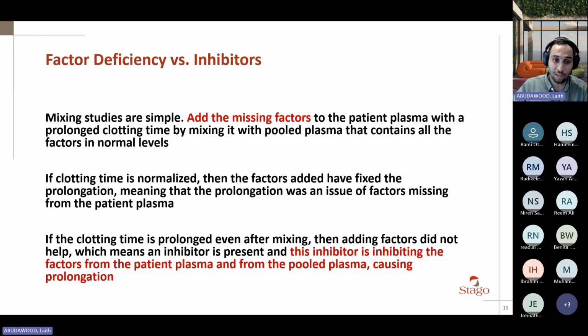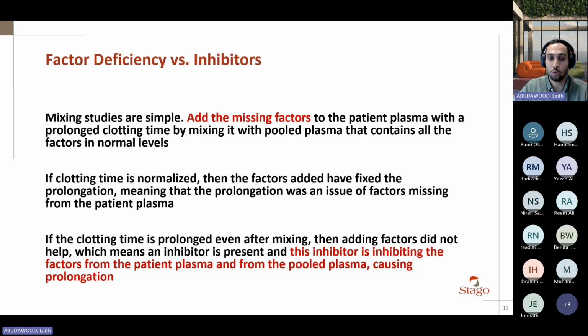What if the mixing results do not go back to normal? Then this suggests the problem was not a factors problem from the beginning. It was everything else that I spoke to you about, everything else, which we called inhibitors, coagulation inhibitors. Coagulation inhibitors are found by running a mixing study where the mixing study does not go back to normal.